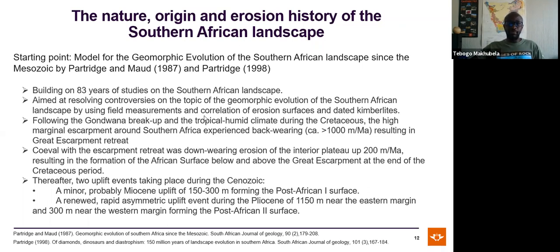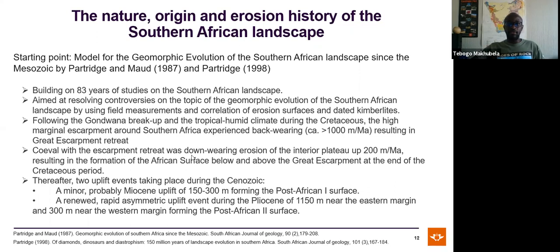And they used field measurements and correlation of erosion surfaces and data from kimberlites to come up with a model that improved on earlier studies by Lester King and said, indeed, the backwearing of the Great Escarpment that was formed since the breakup of Gondwana was retreating at about 1,000 meters per million years since the Cretaceous period, due to the tropical to humid climate.